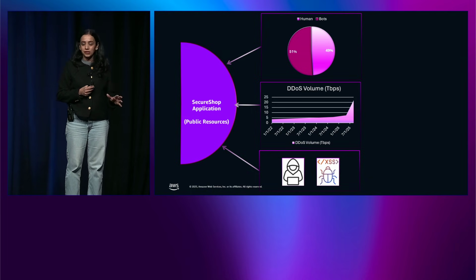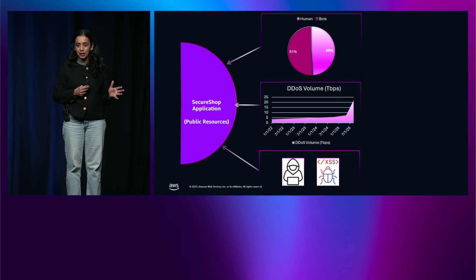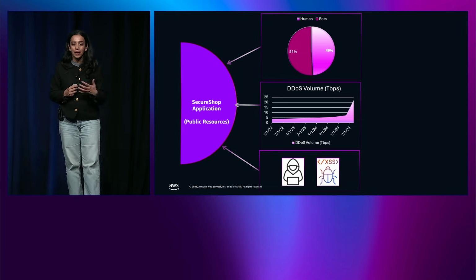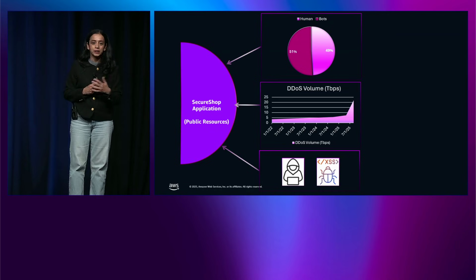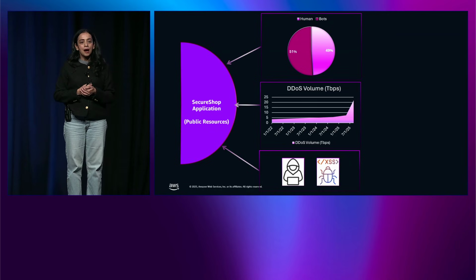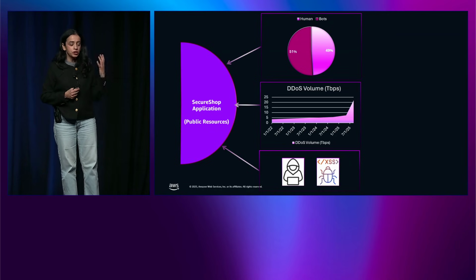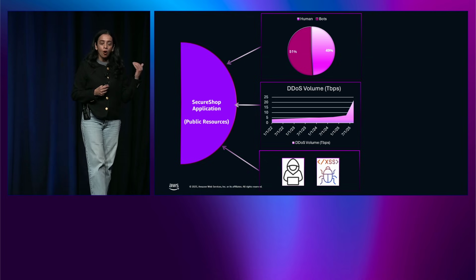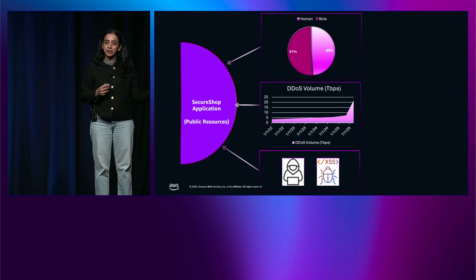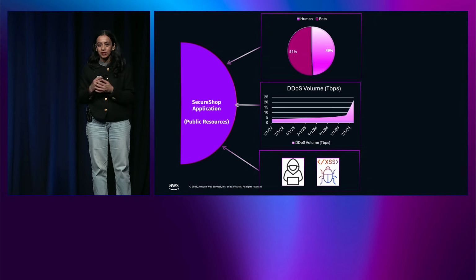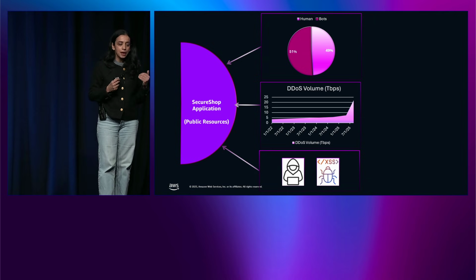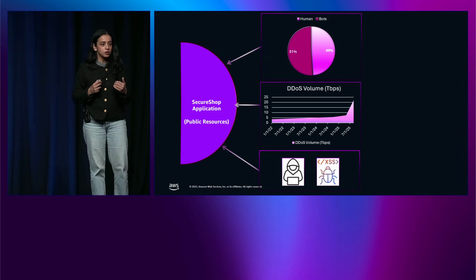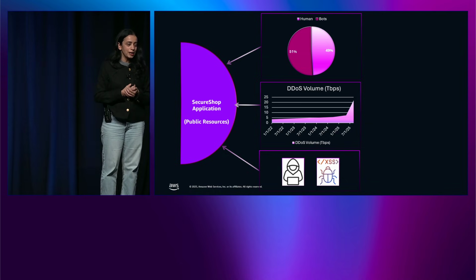Over half of this traffic is bots today. And we know that this bot volume is growing every day with more agentic bots coming forth. This is top of mind for Secure Shop because not all bot traffic drives business growth, but all bot traffic drives infrastructure cost. So this is something that Secure Shop wants to monitor and control pretty closely.